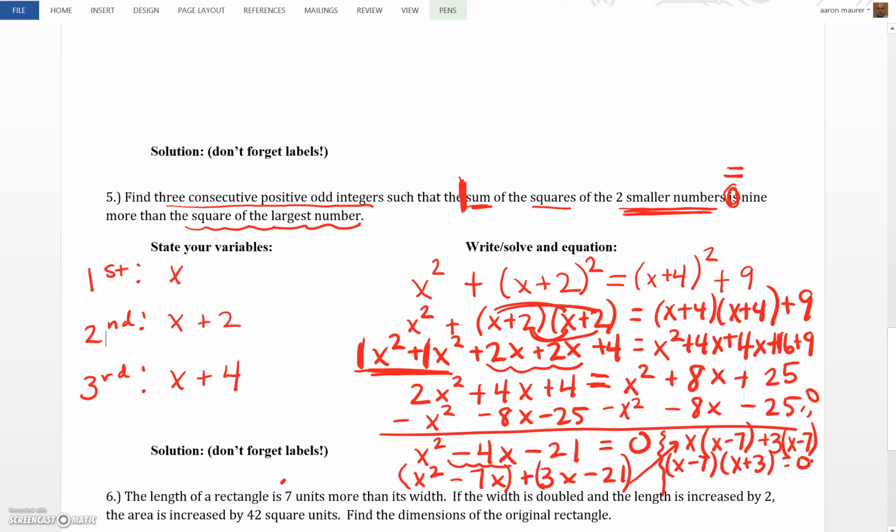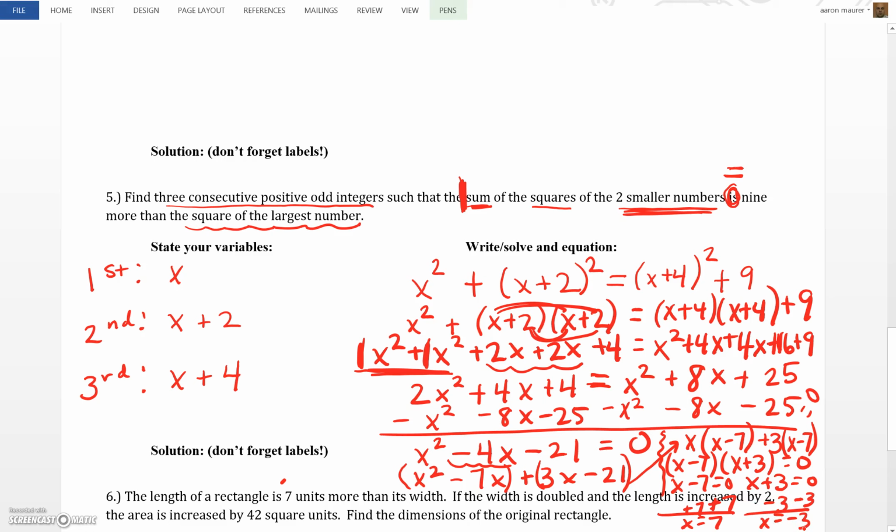So when I go and solve this, I need to show x minus 7 could equal 0, or x plus 3 could equal 0. So I get x equals 7 and x equals negative 3.